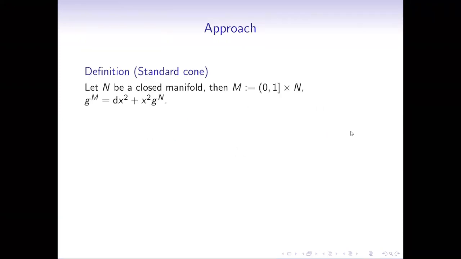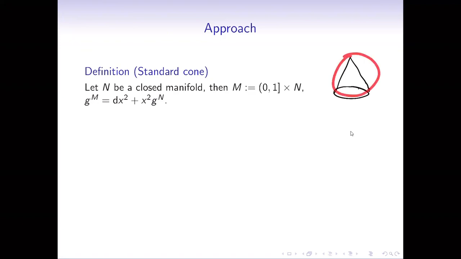Excellent. So the standard cone over a manifold is the product. We have a height for our cone, which we'll always be calling the x coordinate, and we have the base of our cone. For the party hat, we'll eventually be talking about N as just a circle, so you get a circle and a nice cone over it.